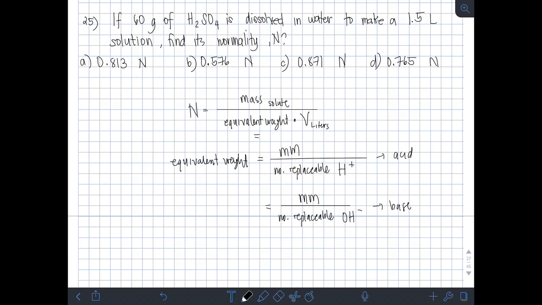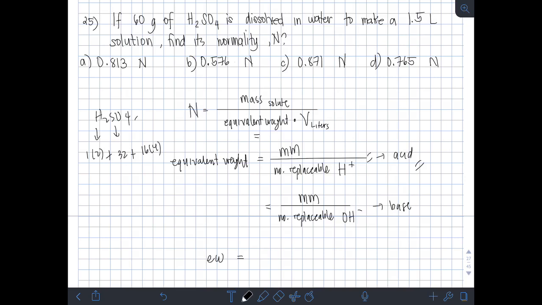Since we have H2SO4, we have an acid, so this is the formula we will use. Let's find the equivalent weight first, which is the molar mass. What is the molar mass of H2SO4? For hydrogen, we have 1 gram times 2 atoms, so 1 times 2, plus sulfur, whose atomic mass is 32, times one, so just 32, plus oxygen, whose atomic mass is 16 grams times 4 atoms.